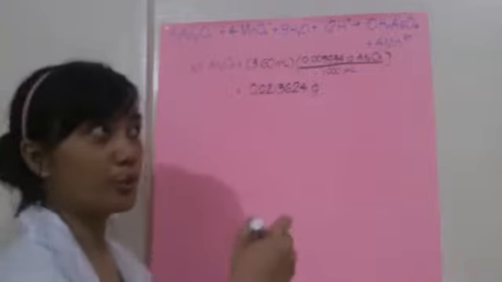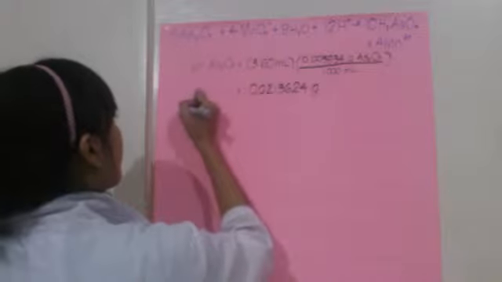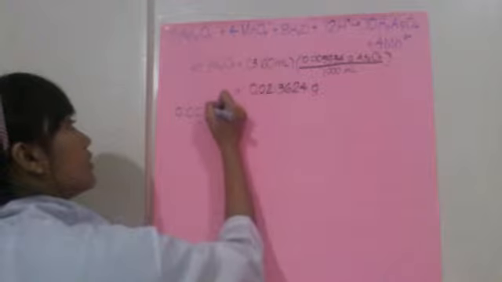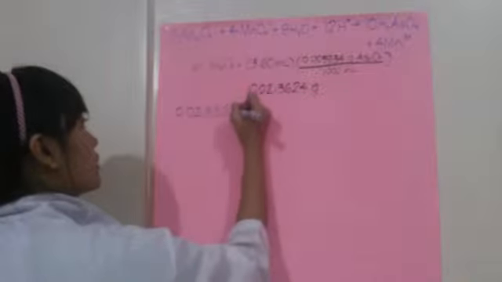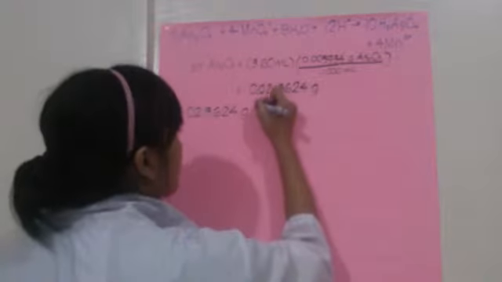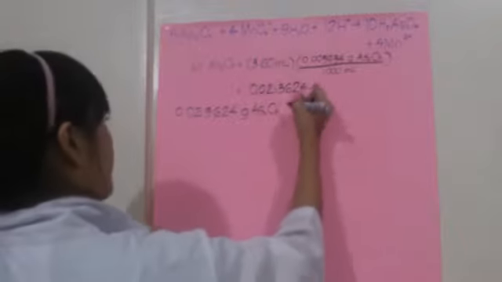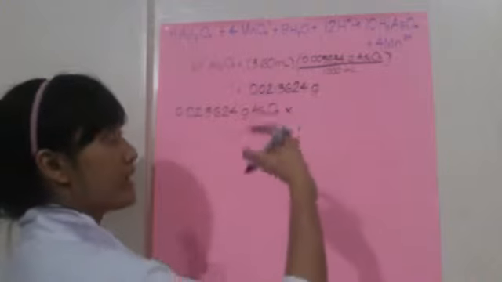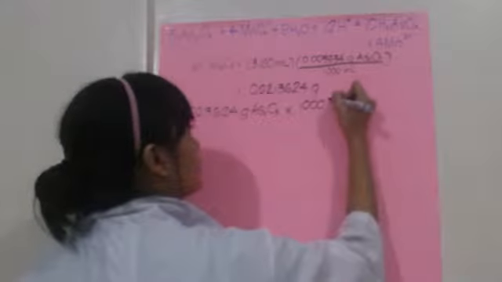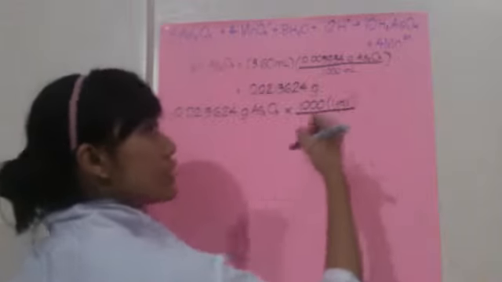Next is, we need to know the millimole of this said drug, which would be multiplied by 1000 because of millimole, over its formula weight.